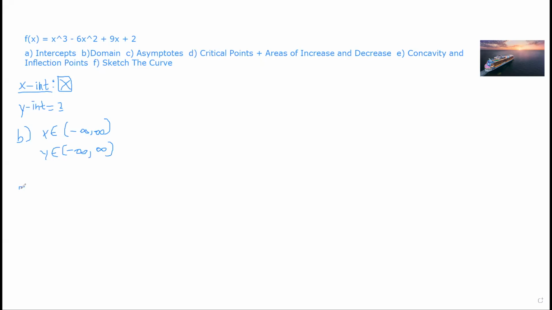For part C, it's not applicable. There are no asymptotes, none whatsoever. A polynomial function is continuous throughout its entire domain.